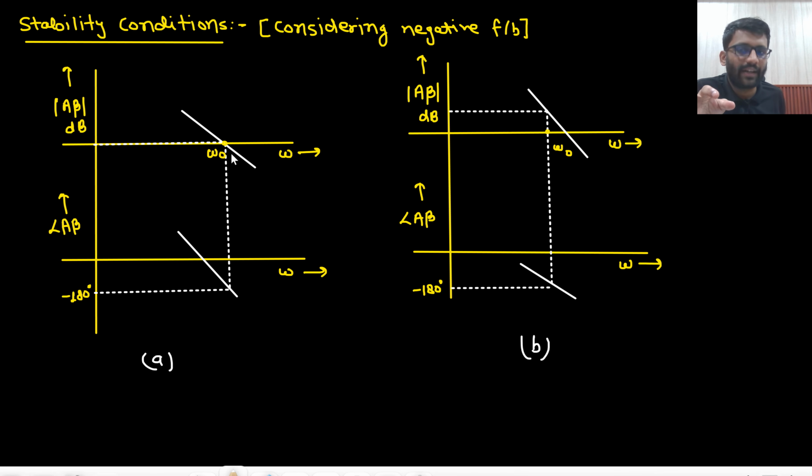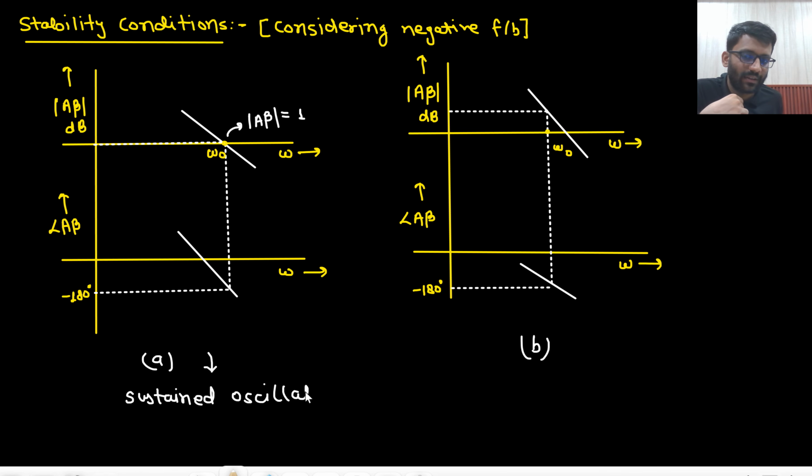So at this frequency, sir, I need to check whether my loop gain A beta is greater than 1, less than 1, or equal to 1. I got to know that at this particular frequency my loop gain is equal to 1. What does that mean? The system is oscillatory, sir. System will have sustained oscillation. And if there is sustained oscillation, that means this system is unstable. That's it. This is how you need to comment.